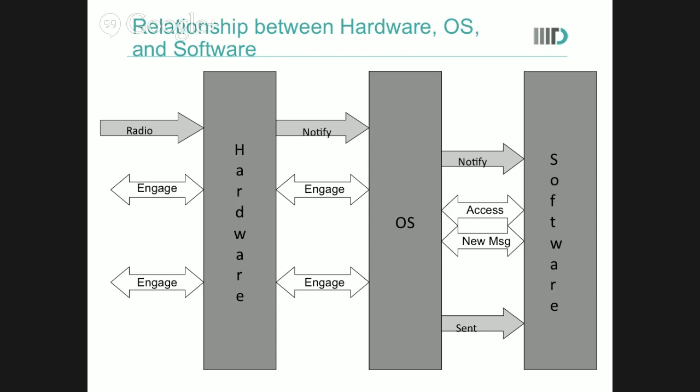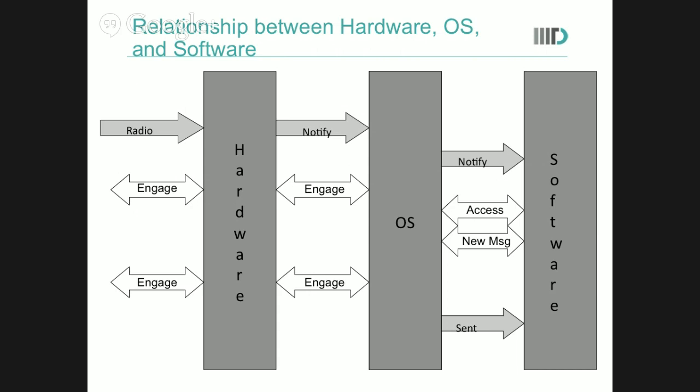You get some energy in the air, and that energy is captured by your antenna, and the antenna is connected to the real hardware chip, the wireless chip. And this is this connection. So if there is a signal coming in, the hardware will notify the OS. If you see this arrow, this is the notification going this way.